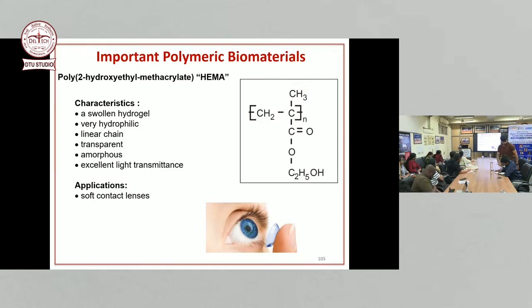Yeah. So hydrogel, like the name suggests, it can absorb a lot of water. It can swell with a lot of water. So very hydrophilic, it loves water. Transparent, amorphous, that's why it's a good material for soft contact lenses. Okay.